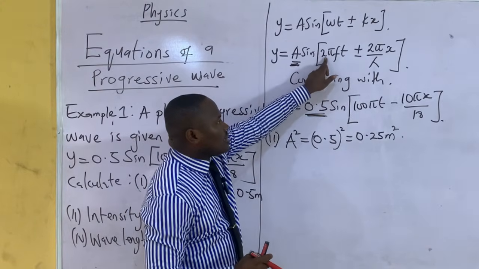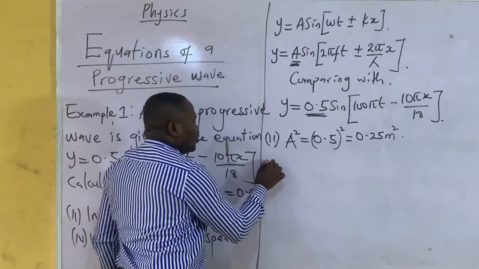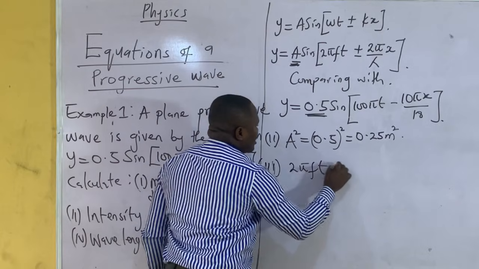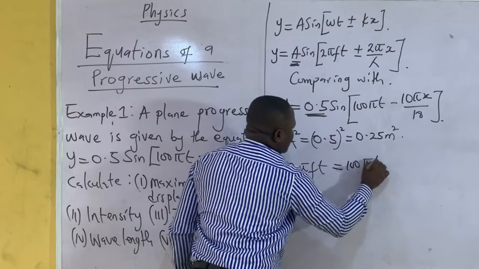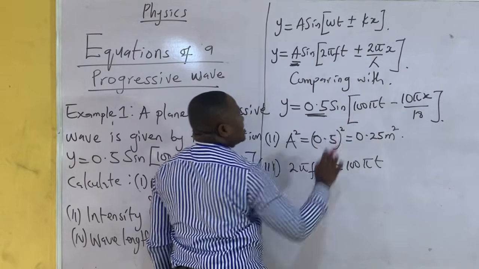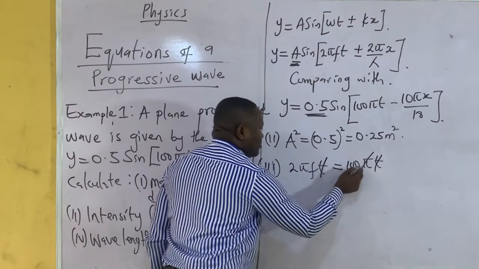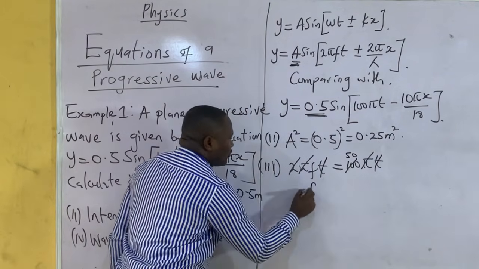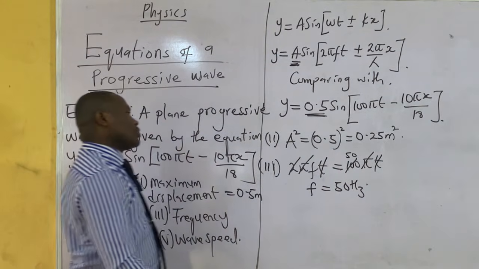So it means my question number 3 will be solved as 2 pi ft is equal to 100 pi t. I compared where I have frequency with where frequency ought to be in the given equation. So t takes off t, pi takes off pi, 2 takes off this, I have 50. So frequency is equal to 50 hertz. That's the answer to question number 3.